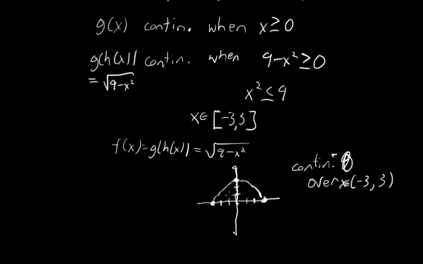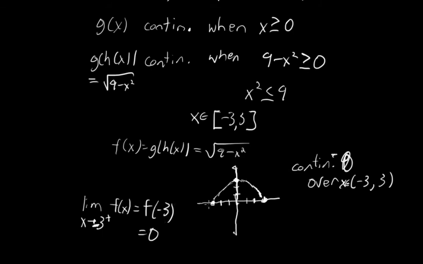It seems to be right continuous at the left endpoint. So the limit coming in from the right, as x approaches -3 from the right of f of x, equals f of -3, which is 0.